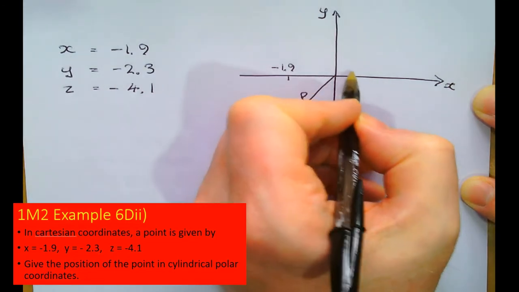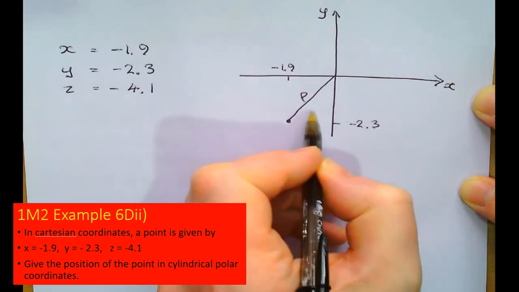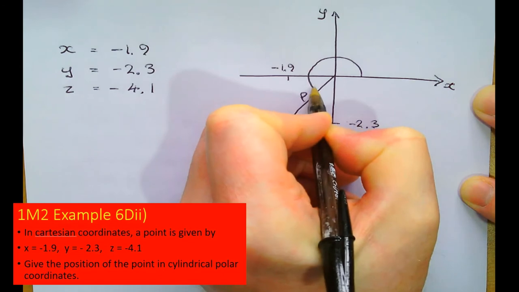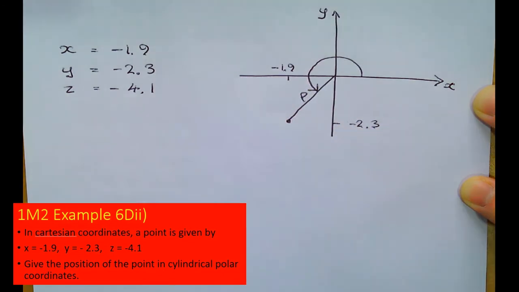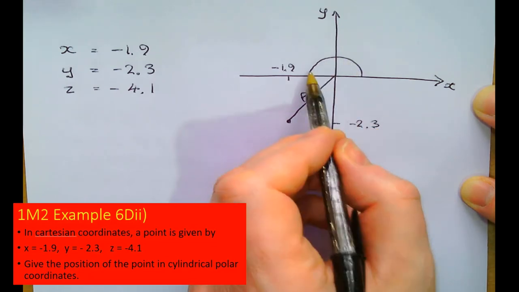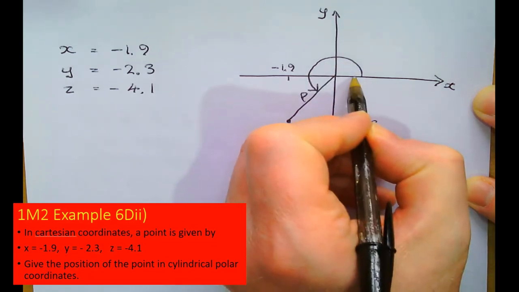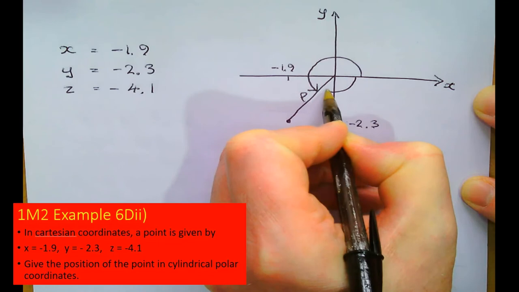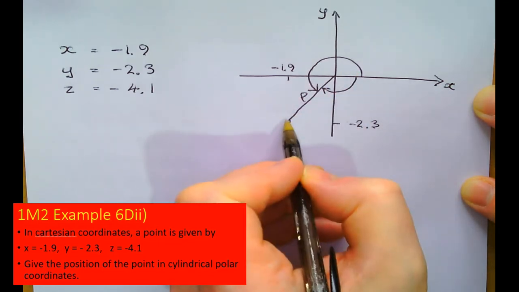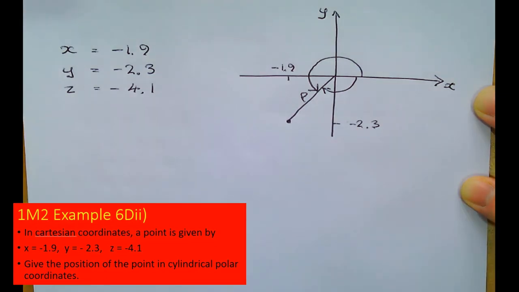Now, ordinarily, yes, our phi would measure the angle anti-clockwise from the positive x-axis, but of course you can see we've gone past pi, so we can now imagine phi will have a negative value because the nearest way to get to this point is clockwise.